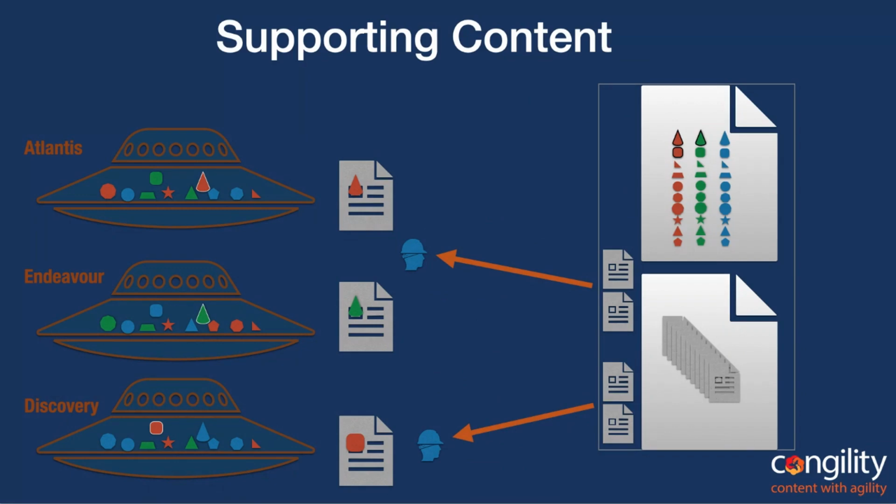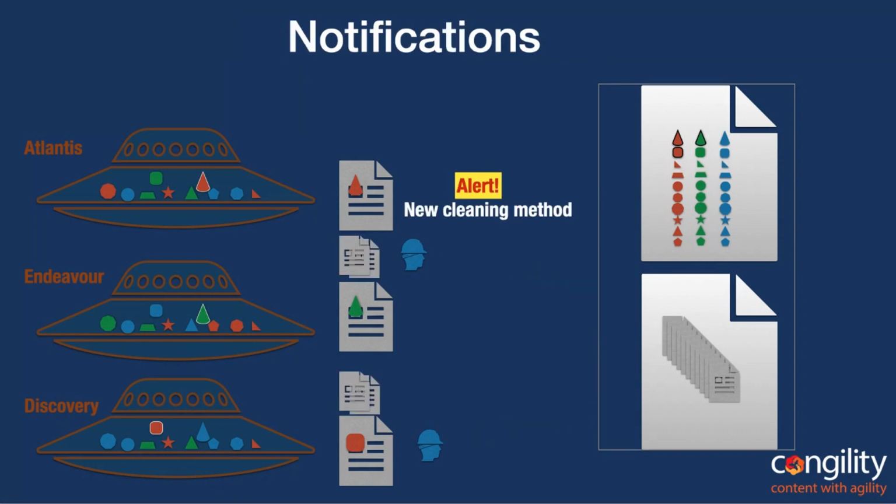Just when you thought getting the correct task content was hard enough, this is only part of the information a technician needs. There are all sorts of related content they also might need to access before they undertake the task. Technicians need to be kept up to date with important information which can affect the task.